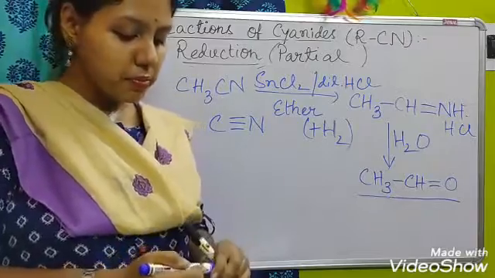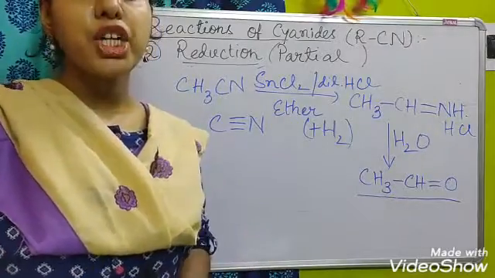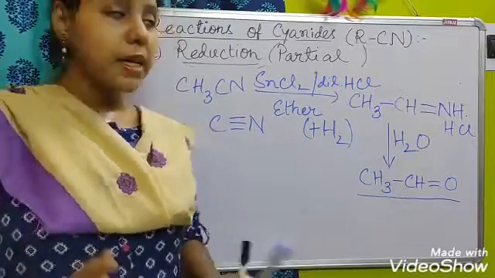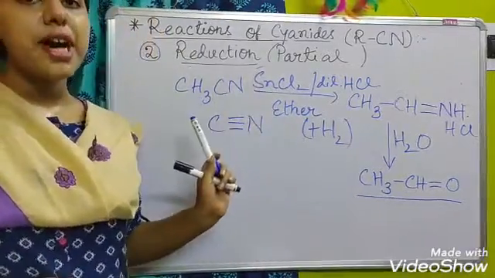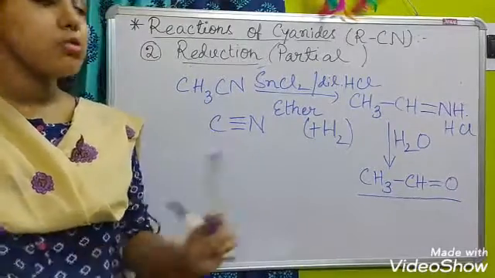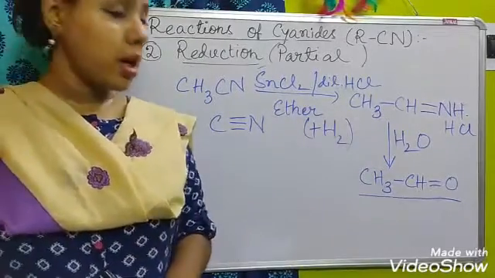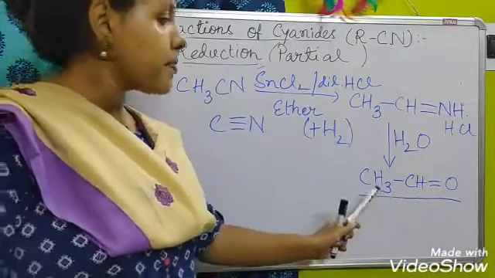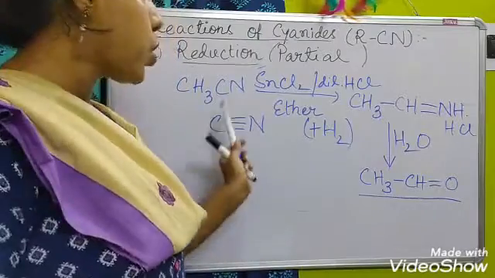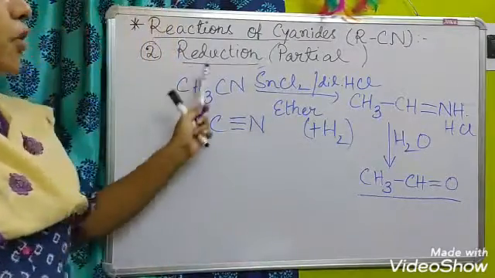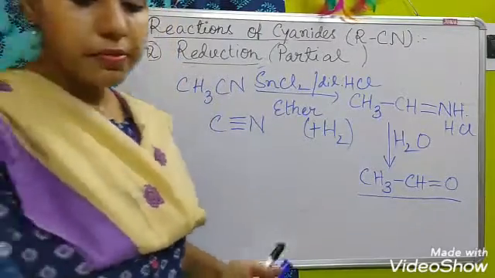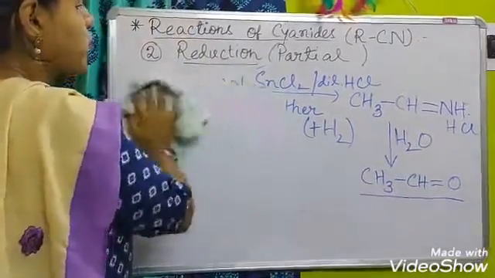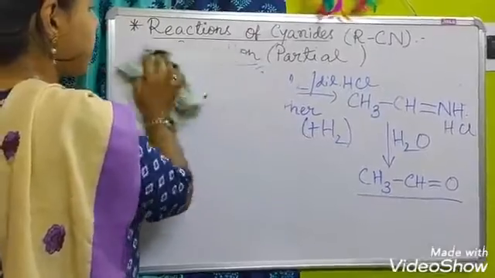That means after complete reduction of a methyl cyanide, we will get a primary amine, but after partial reduction of a cyanide compound, we will get the aldehyde. We will get the aldehyde product from here, that is acetaldehyde. Okay, so this is the process of partial reduction. Clear? Very good. So next we are going to the next type of reaction.